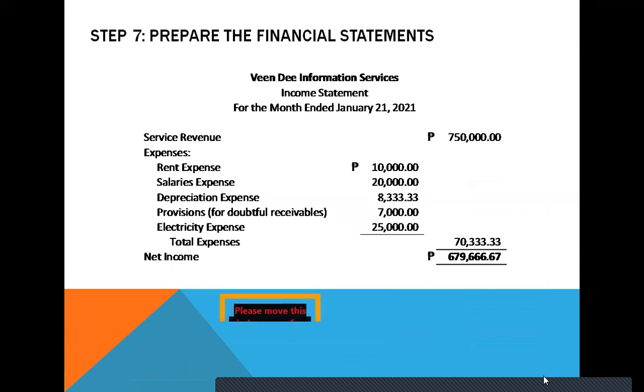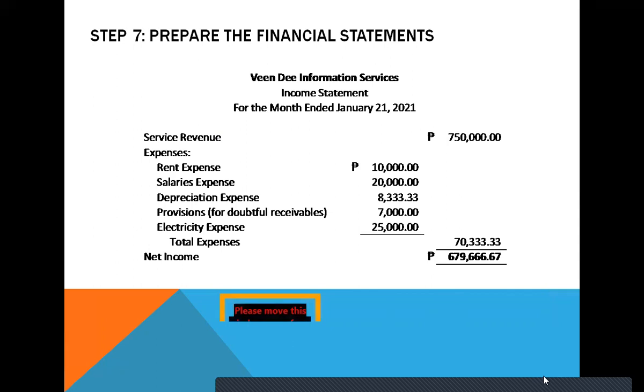Now, step 7 is prepare the financial statements. A complete financial statements include the balance sheet, profit and loss account or income statement, cash flow statement, statement of changes in equity, and notes to the accounts.